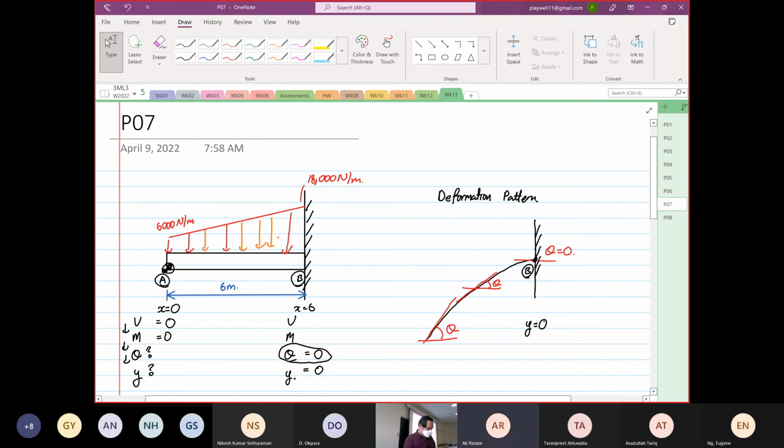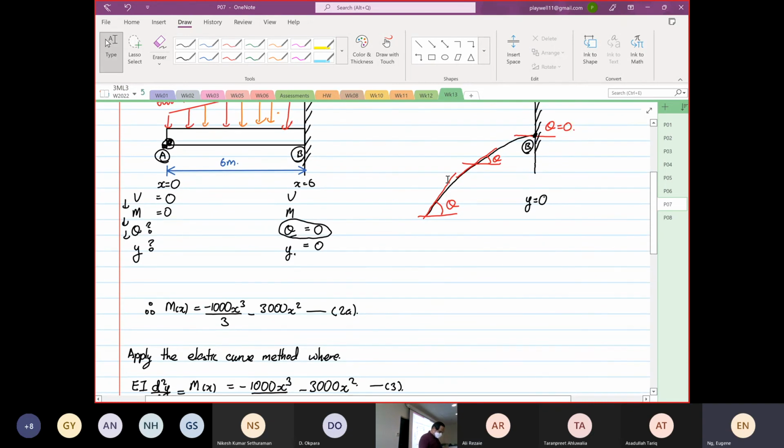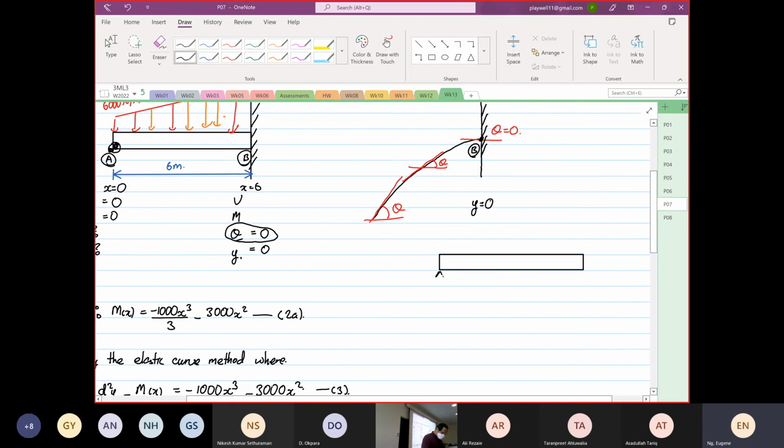And I think this is going to be more complicated when we calculate for the simply supported beam, because there's going to be a deflection and it won't be equal to 0. Simply supported, okay, good question, Ali. When simply supported, the boundary condition changes. So if it's simply supported, x is equal to 0, x is equal to L, V, M, theta, y.